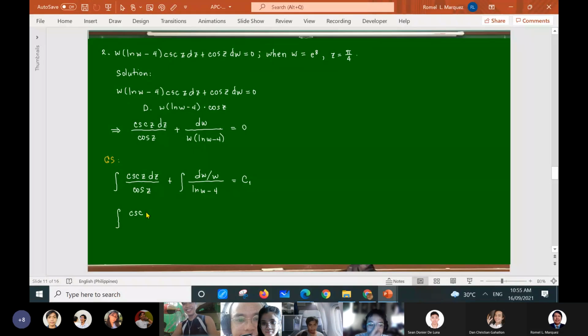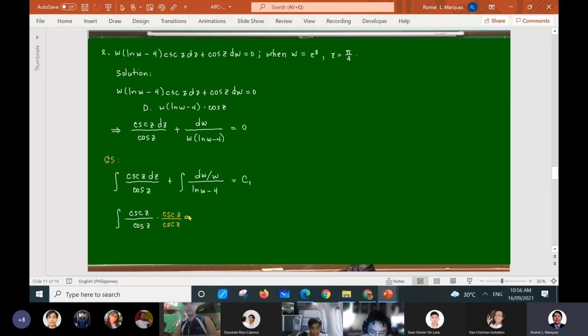The cosine z, retain that, and this. What is our multiplier? Multiply it by cosecant over cosecant. That is by inspection. You should feel what to do so that you will come up with the better integration technique or formula to be used.